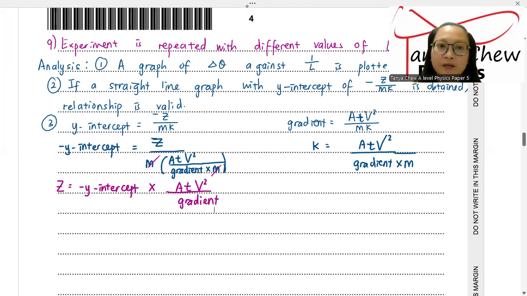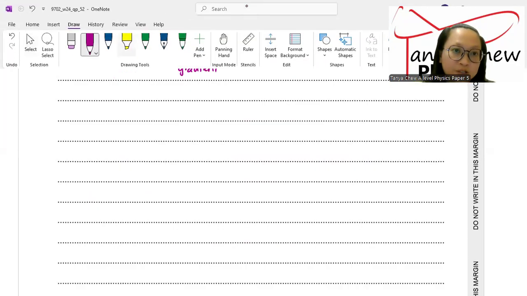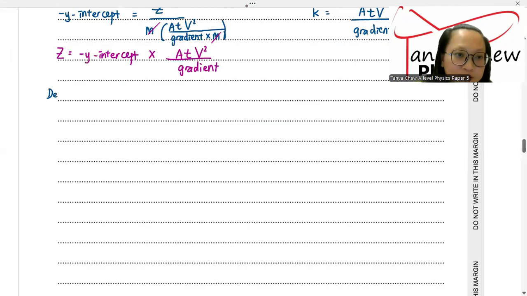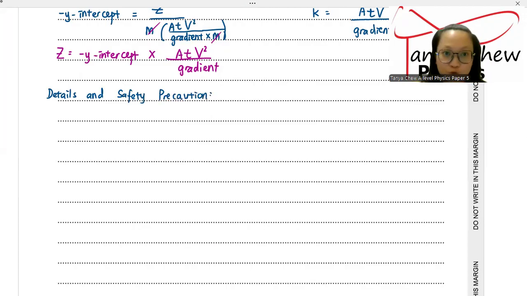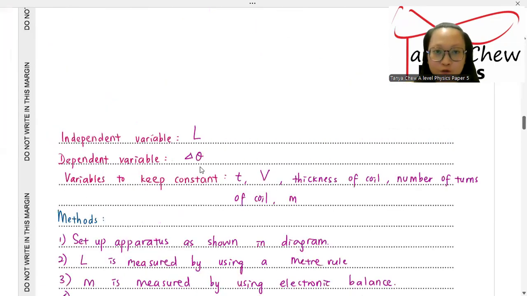Now, the last part is about additional detail and your safety precaution. Let me write it down. Details and safety precaution. You can see the diagram that I drew right here.